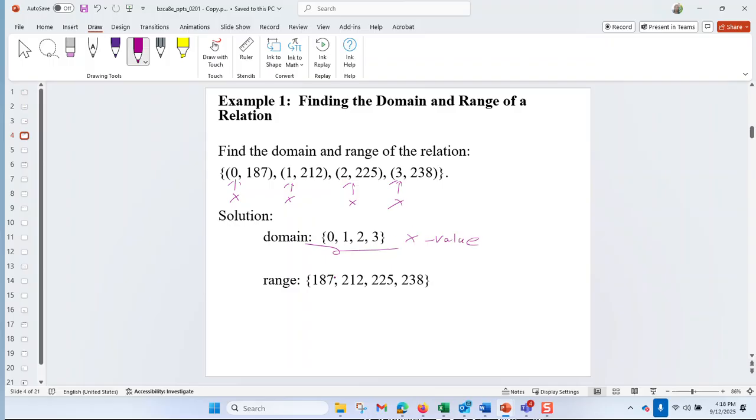The y value is the second one, and the y values are the range. We also call these the input and the output, similar to domain and range. Those are the concepts for the domain and range.